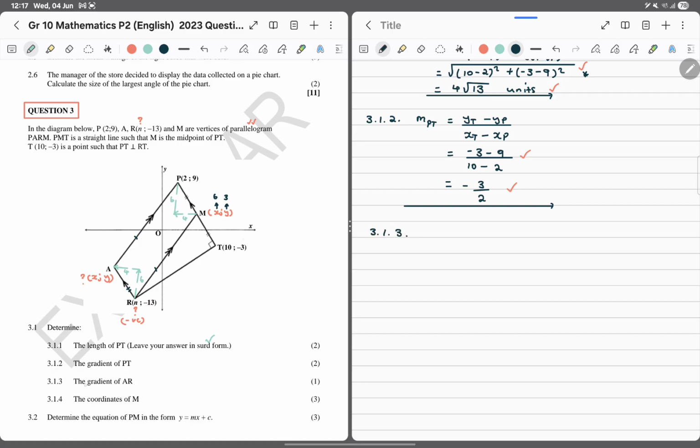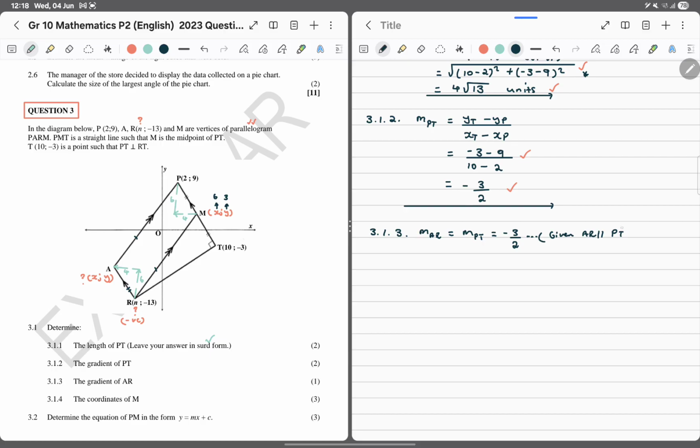Okay, 3.1.3. We need to find the gradient of AR. So this is good. So we know that the gradient of AR should be equal to the gradient of PT, which is equal to minus 3 over 2. Why is that? We know that it is given that AR is parallel to PT.